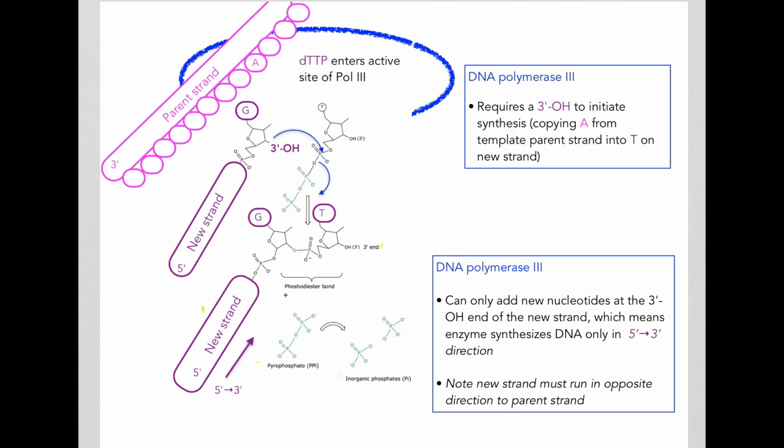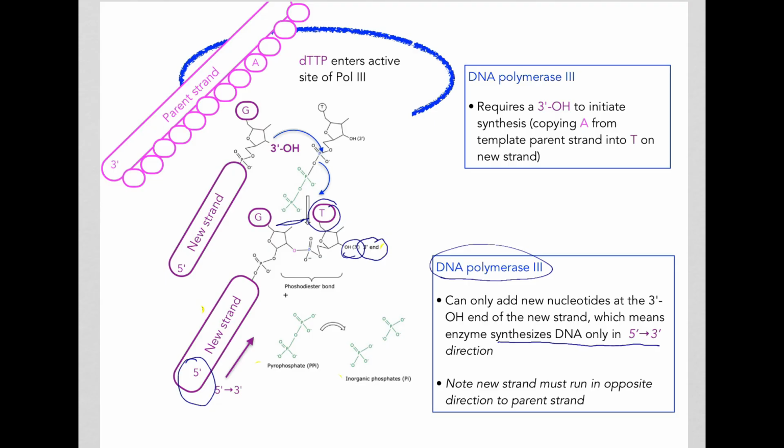The other limitation of DNA polymerase 3, or the characteristic of DNA polymerase 3, is that it synthesizes DNA only in one direction, 5' to 3'. And you can see that from this reaction. You can see the T getting attached here. So you can see the synthesis direction is 5' to 3'. And now the T will provide a free 3' OH group.